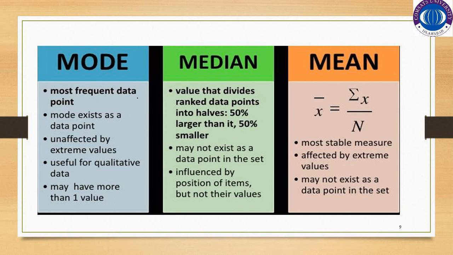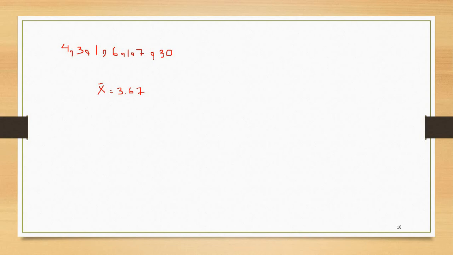But what is this, affected by extreme values? What does it mean? So what is happening? These are all closely related: 4, 3, 1, 6, 1, 7, but this 30 is far bigger than all these data points. So what will be the new mean of the data?